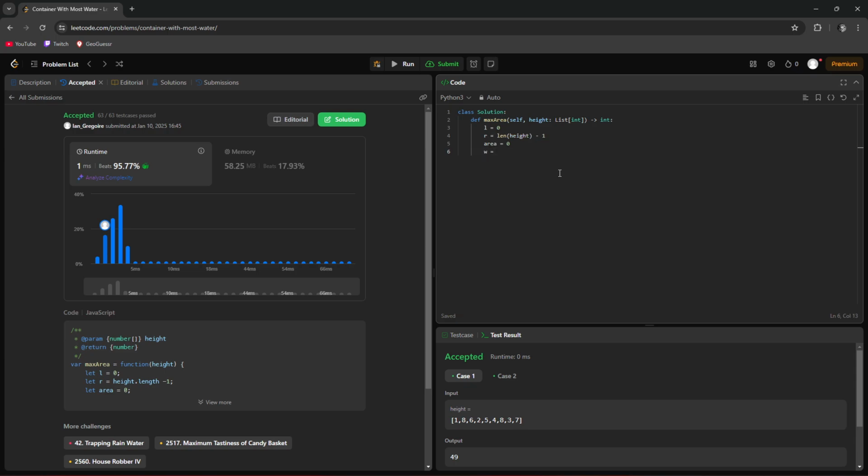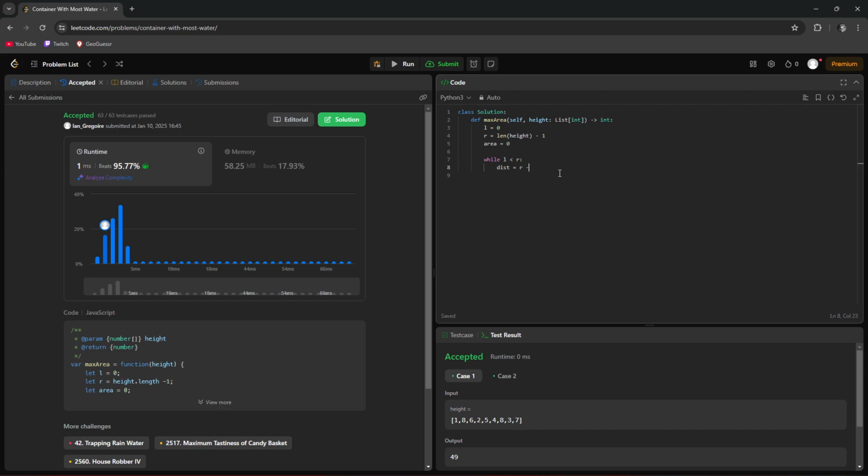And the width, or the dist, is R minus L. Or in Python we can just do it inside.